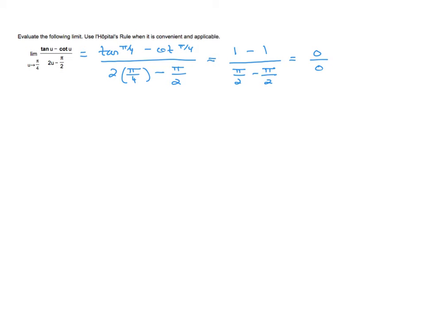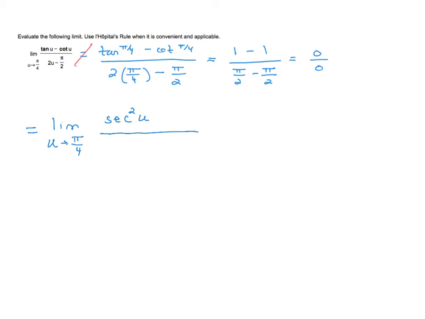L'Hopital's rule says, well, since this didn't work, that's no good, I can take the derivative of the numerator and then the derivative of the denominator, and I'll figure out that limit instead. Okay, so trying this again, this is the limit as u approaches pi over 4. The derivative of tangent with respect to u is going to be secant squared.